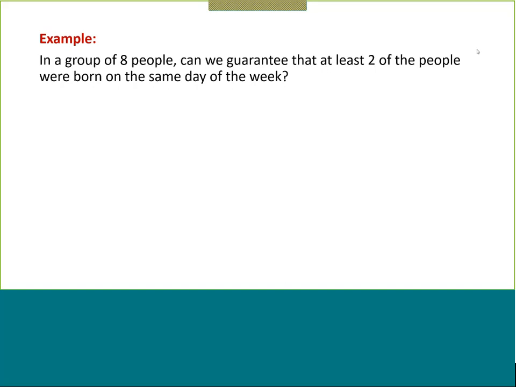Well, let's look to see what you would have to do. So the buzzword here to look for is, can we guarantee, okay, it's not really a buzzword because there's going to be several words, that at least 2 people were born on the same day of the week. Those are the key things that tell you we're going to be looking at pigeonhole principle.